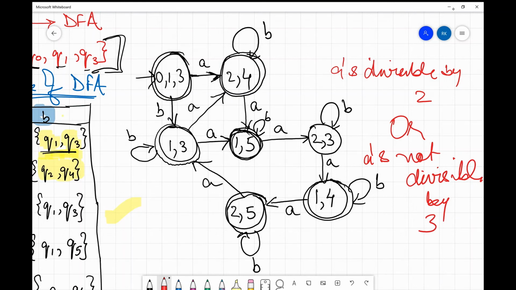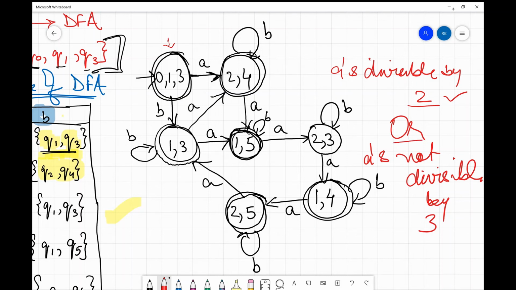Over here, this is the initial state as well as the final state. And what is this state forming? This is forming an empty string. So yes, for the empty string, the count is divisible by 2, so it is acceptable. It would not have been acceptable if there had been AND over here, because 0 would be divisible by 3. It has to be not divisible by 3, but since it is OR, this is acceptable.